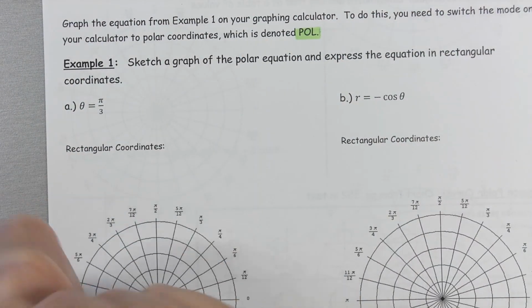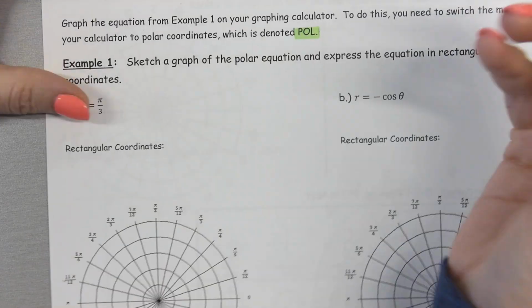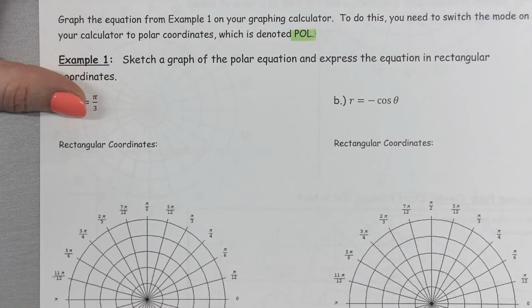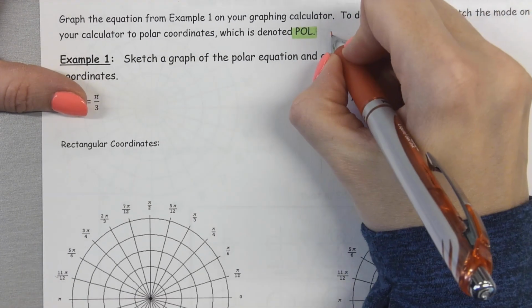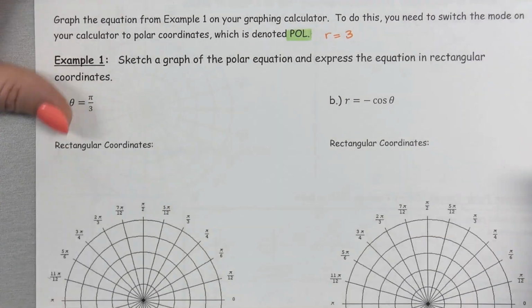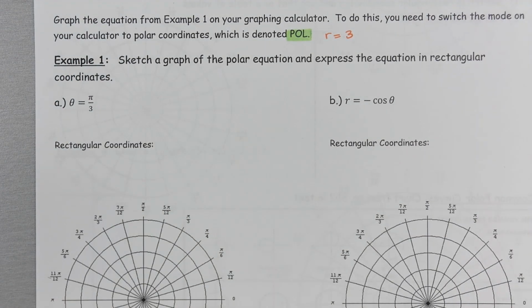Okay, so when you press Y equals, what do you see? Yeah, it's R now. Instead of Y, it's going to be R. Okay, so I want you to plug in R is equal to 3.